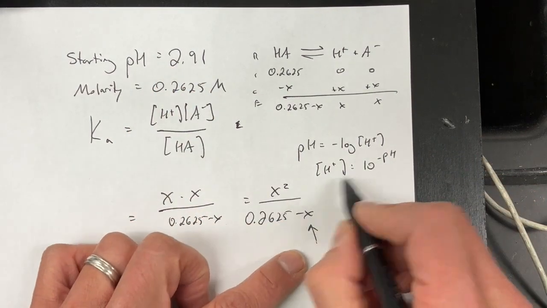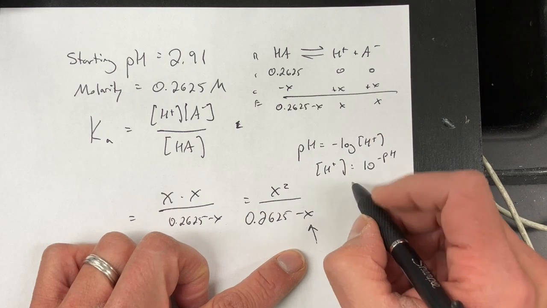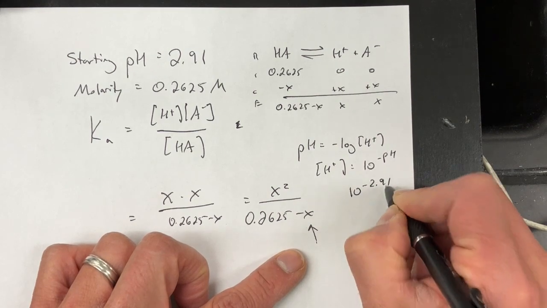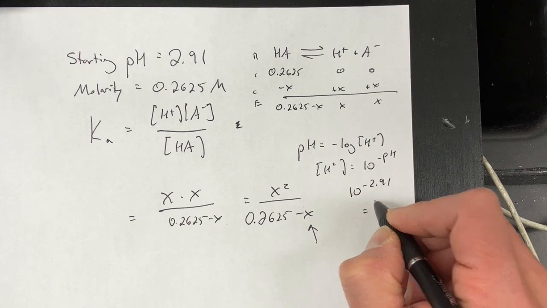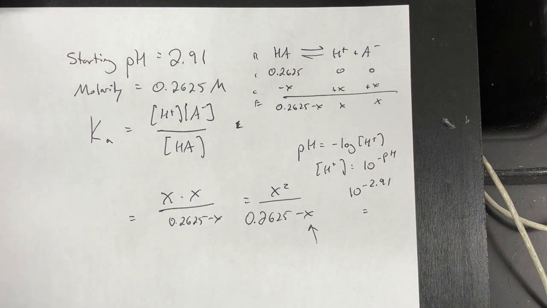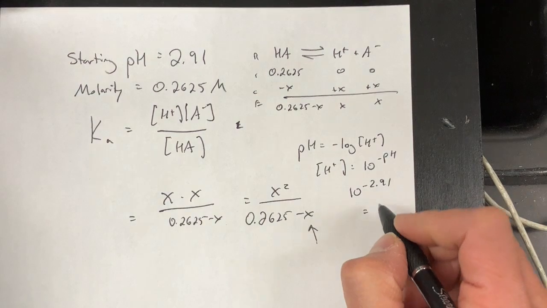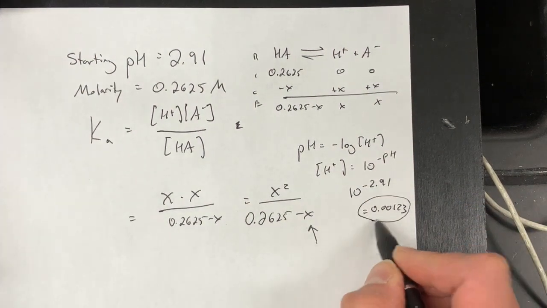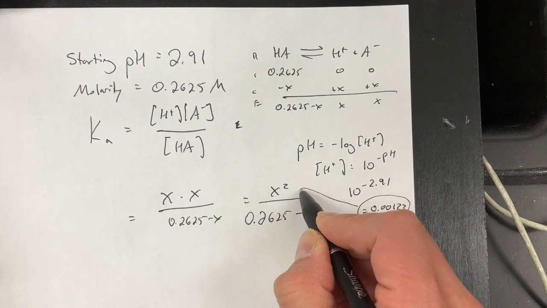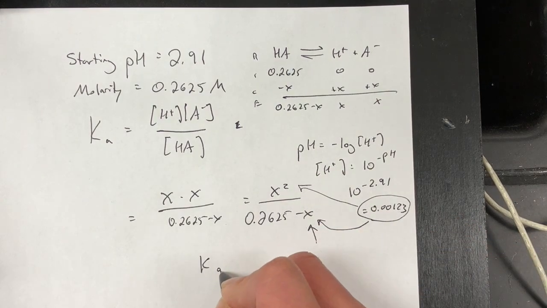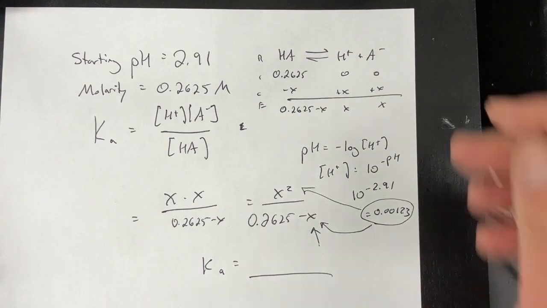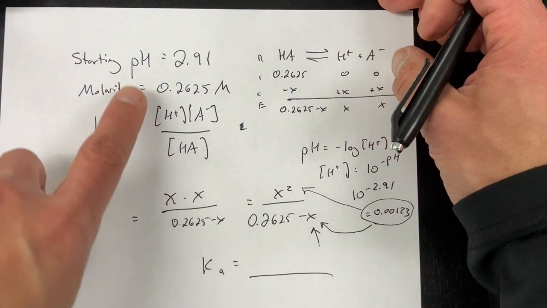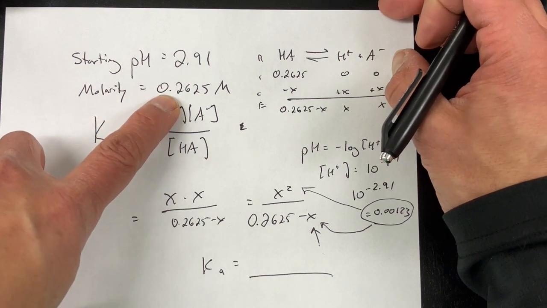So I can take 10 to the negative 2.91, and that would be 0.00123, and then I would take this number and plug it into here, and Ka would equal some number. Okay, so that's how you get the Ka value from a starting pH and a starting molarity.